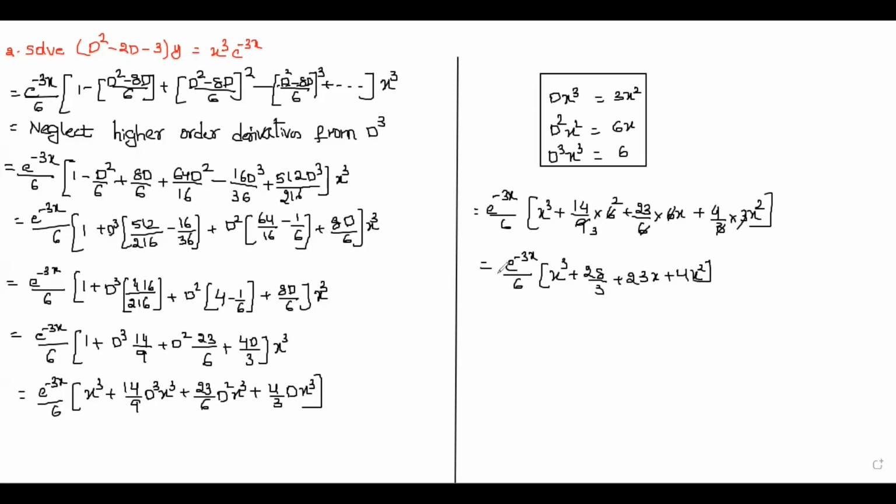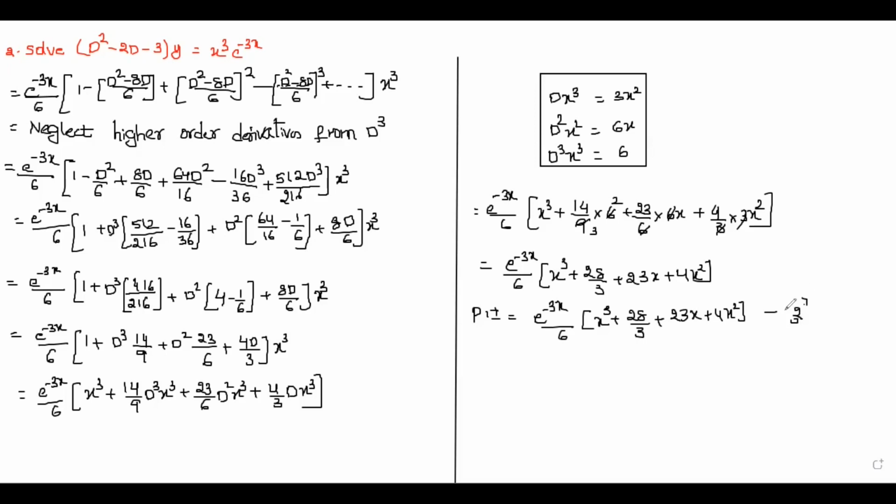So our particular integral is equal to e power minus 3x by 6 into x cube plus 28 by 3 plus 23x plus 4x square.